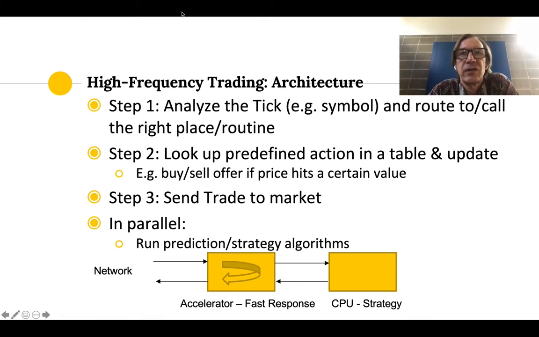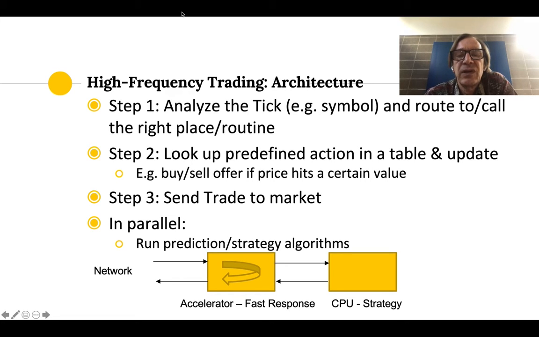It looks in a bit more detail at how a low latency solution may be architected. A packet comes in from the network, gets decoded in the accelerator and, for example, routed based on its stock symbol.